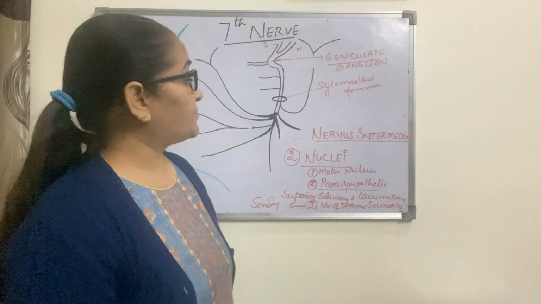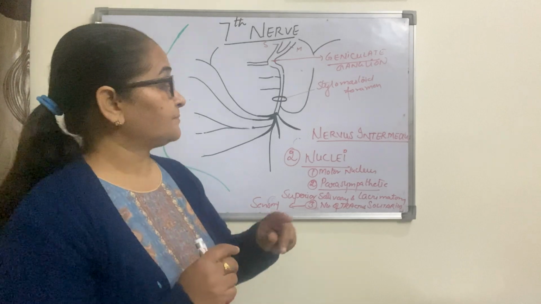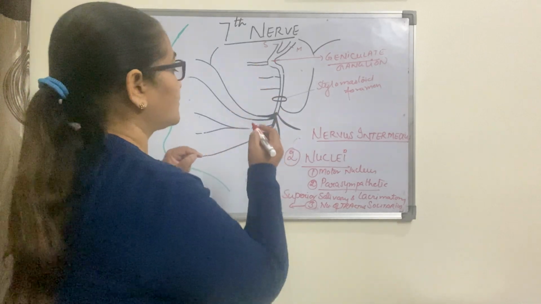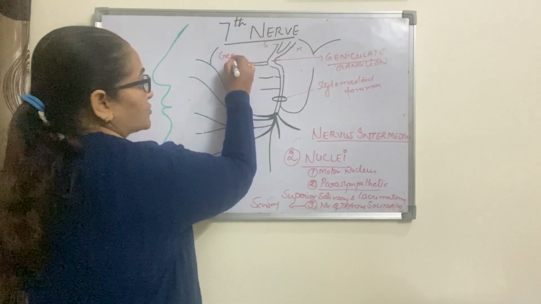Now coming to the different branches of this facial nerve. The next part related with any nerve is its branches. The first branch arising from this nerve is the greater petrosal nerve.